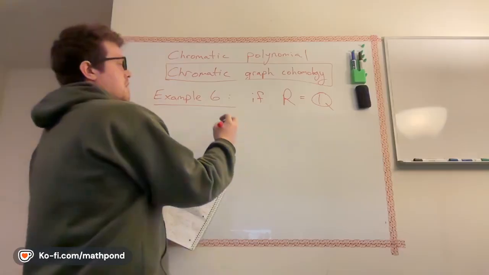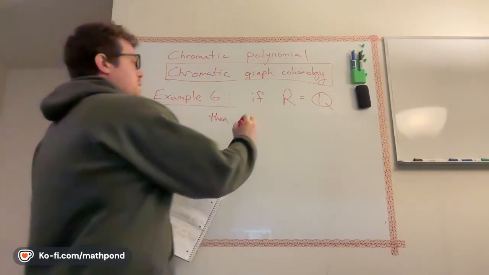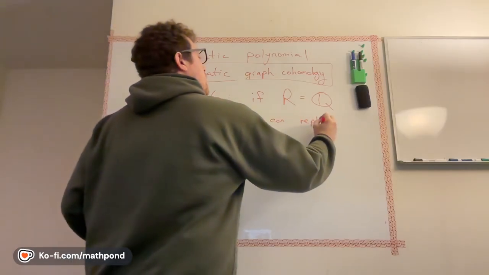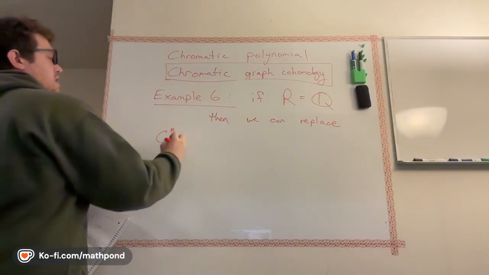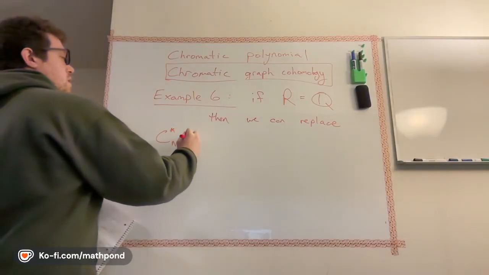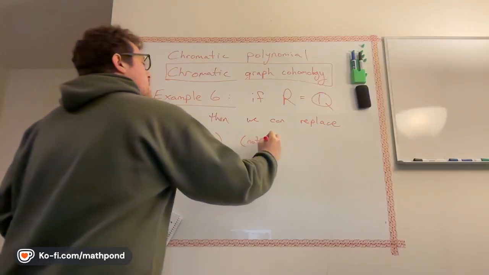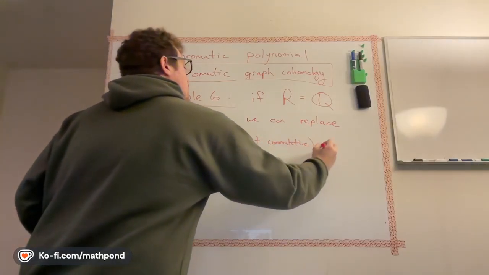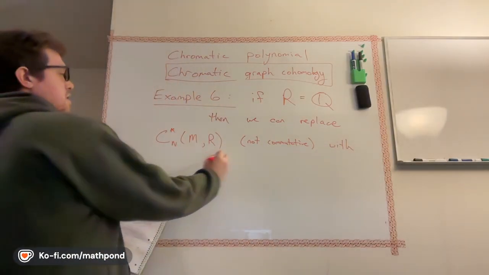So if R is Q, then we can replace this algebra, which is not commutative, with something called, I think, the Sullivan cochains.